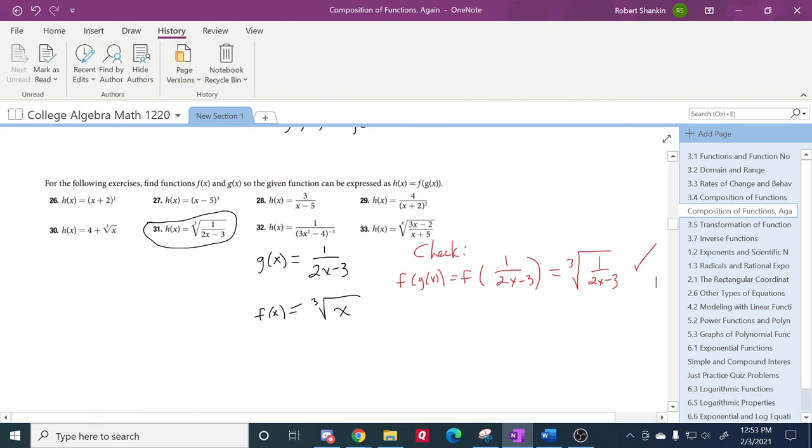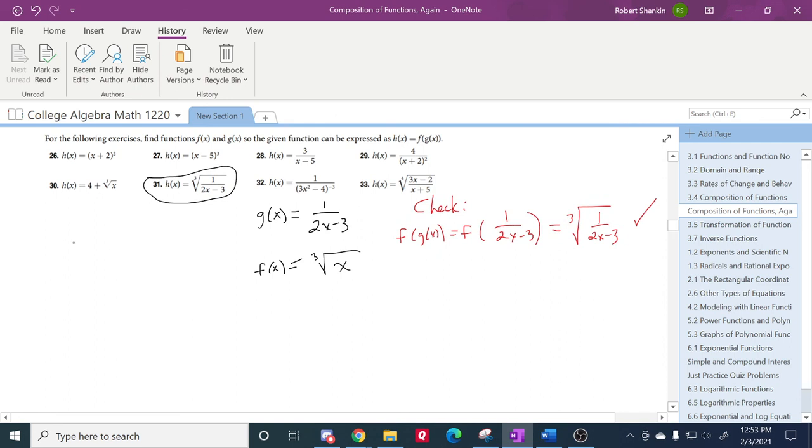And another way to look at this problem is, you might have seen this before, but this might be totally new to you. One way to look at a function is to think of it as a function machine. What goes in is some number x.